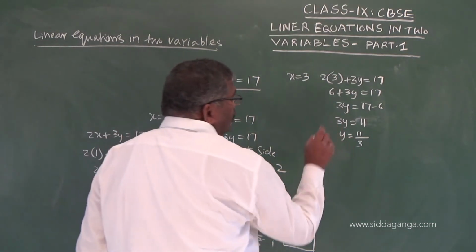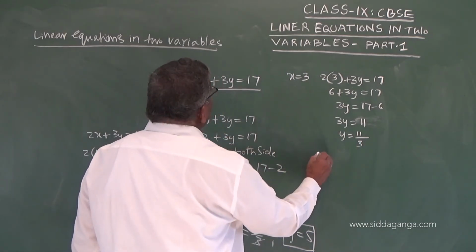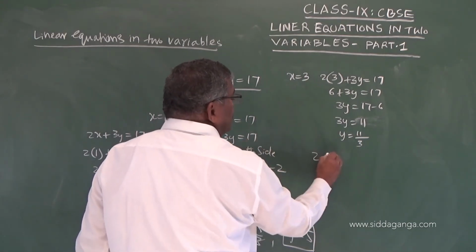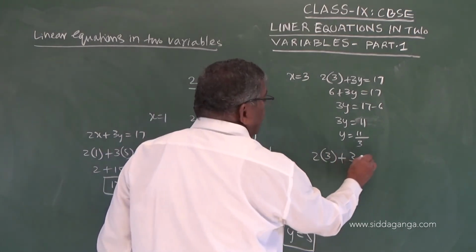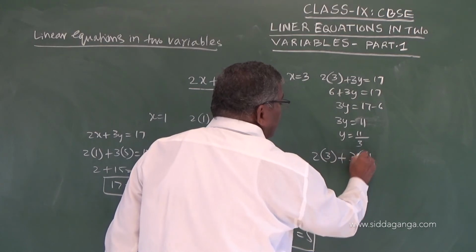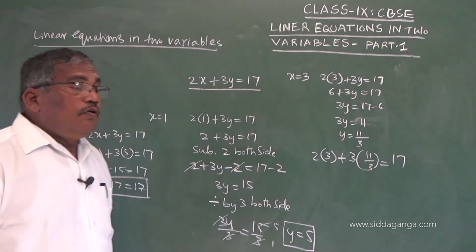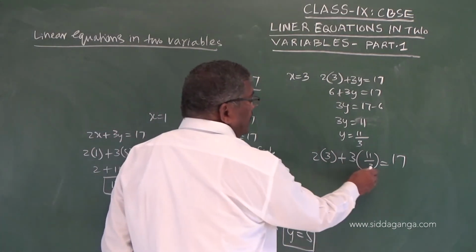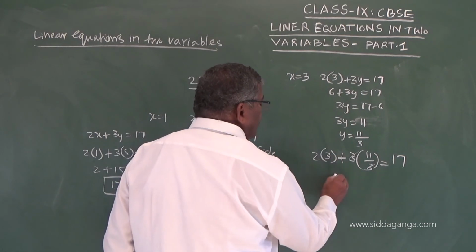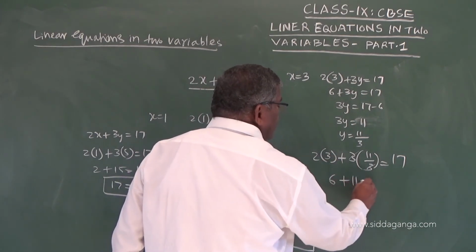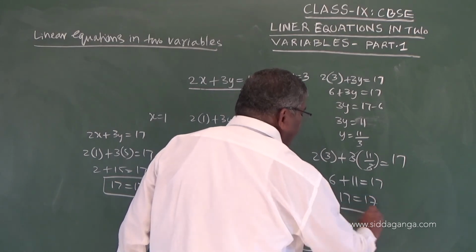Suppose I put these two values, x equals 3, y equals 11 by 3. Examine this. 2 into x is 3, plus 3 into y, which is 11 by 3, equals 17. Here 3 and 3 cancel, and you will get 2 into 3 is 6, 6 plus 11 equals 17, 17 equals 17.